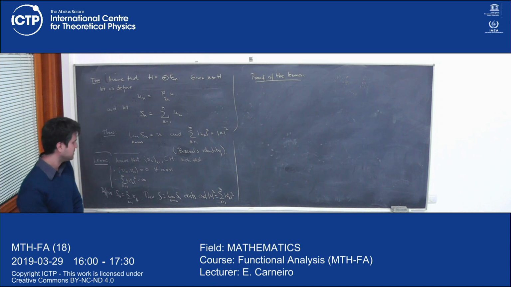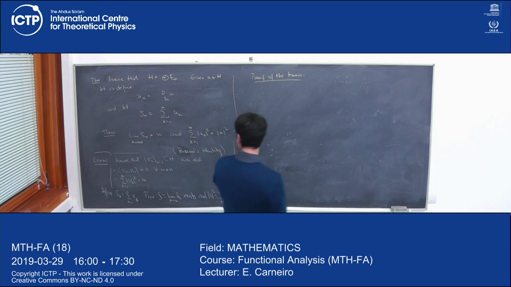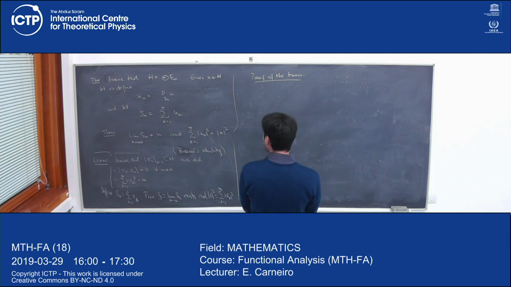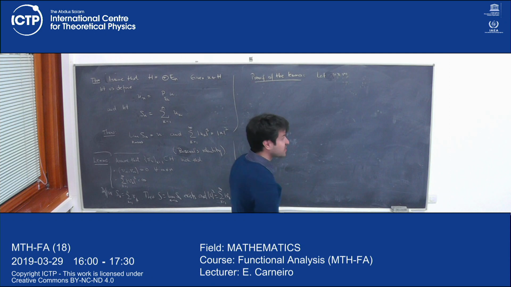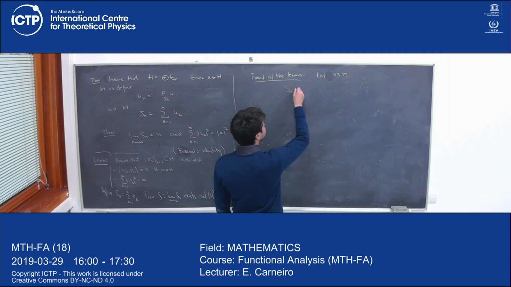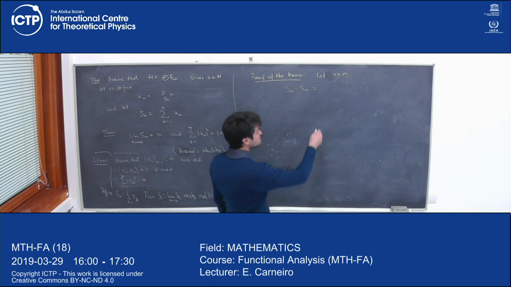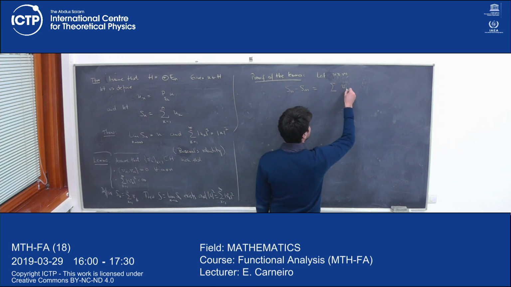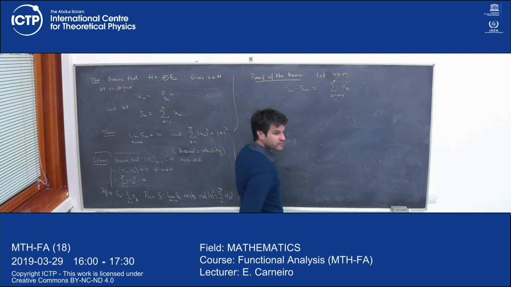Let's see. So if you have such a thing, first you observe what S is. Say let n be bigger or equal than m, and you tell me what is Sn minus Sm. So the partial sums. This is just going to be the sum of Vk from k equals m plus 1 to n.